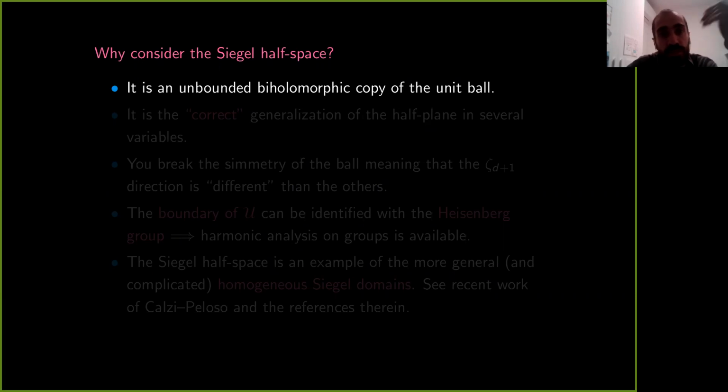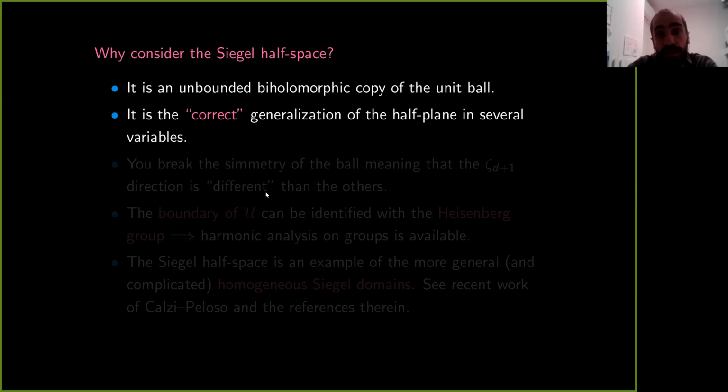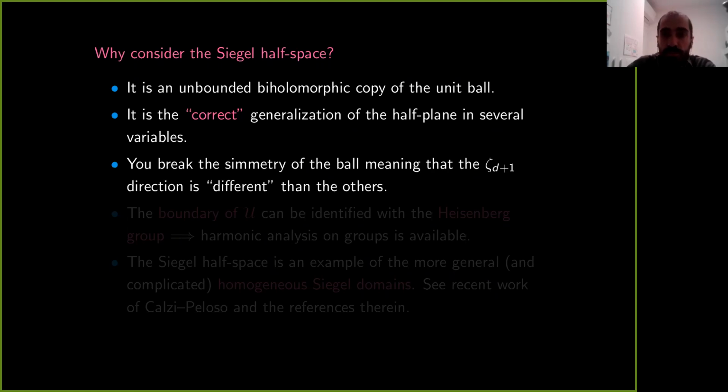And the Siegel half space is somehow the correct generalization of the half plane in several variables. Also, in the Siegel half space, what you do is somehow break the symmetry of the ball. It is biholomorphic to the unit ball via the Cayley transform, but you break the symmetry, meaning that, as we saw in the definition, the z_{D+1} direction is different from the others.